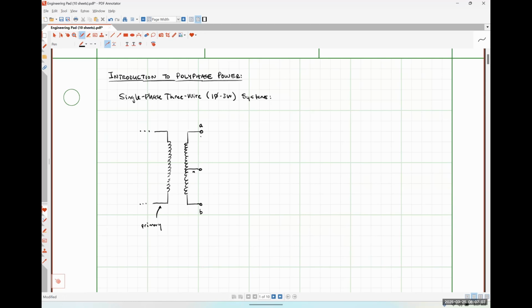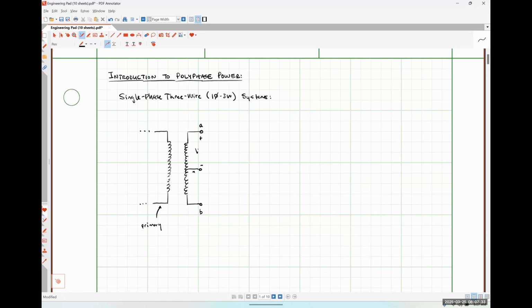Okay. So if I were to define this voltage, the nomenclature that I'm going to use is what's going to be called a double subscript notation, where the first letter of the subscript corresponds to the positive polarity terminal of the voltage, and the second letter of the subscript corresponds to the negative polarity terminal of the voltage.